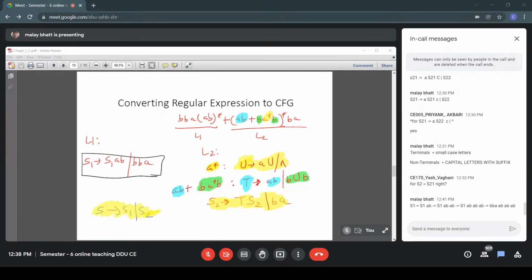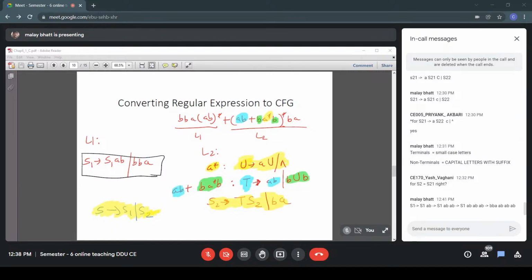Similar approach you can see for the L2. Now here it is different: (AB plus (BA) star B) whole star, and we have BA. We are writing S2 gives TS2, where T is repeated.